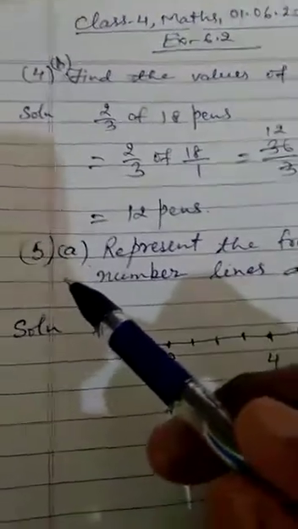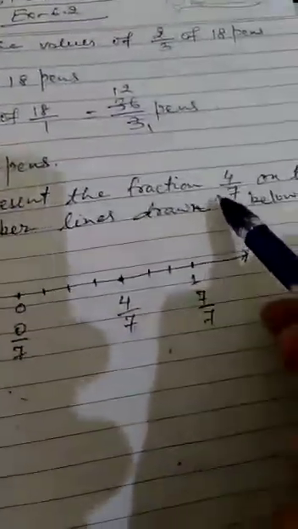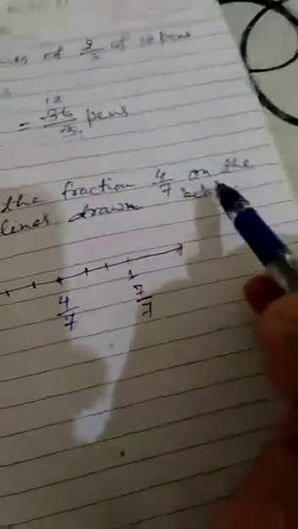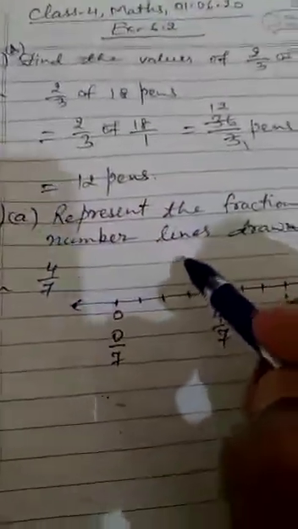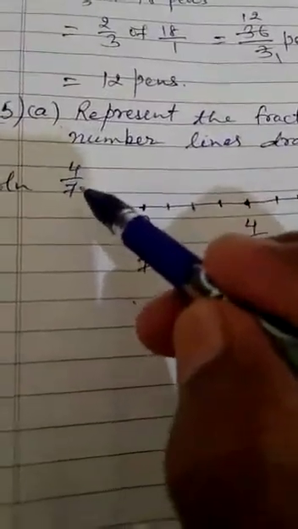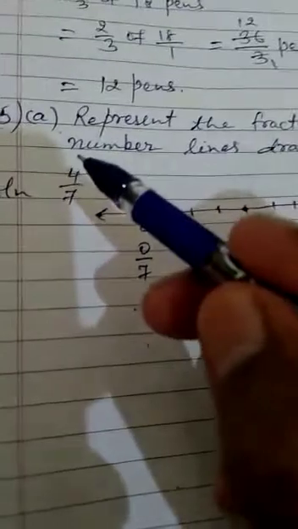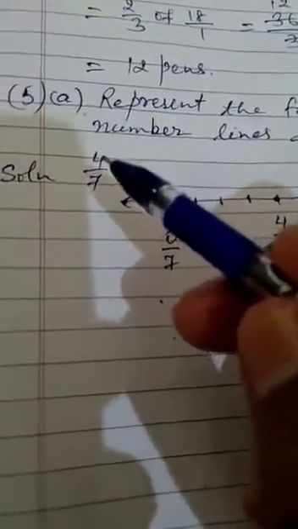Now one question, 5a of this exercise. Represent the fraction 4/7 on the number line drawn below. This is the number line, and we know that 4/7 is less than 1, because the numerator is less than the denominator.